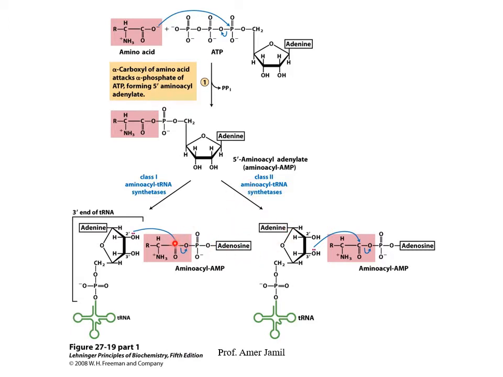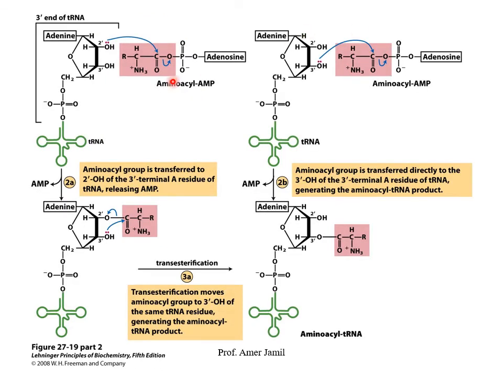So in the next step, this is the situation: in class 1, the amino acid is transferred at this place, and in class 2 it is transferred at this place. But later on, the amino acids which are transferred to the 2' hydroxyl are also shifted to the 3' hydroxyl by a transesterification step.